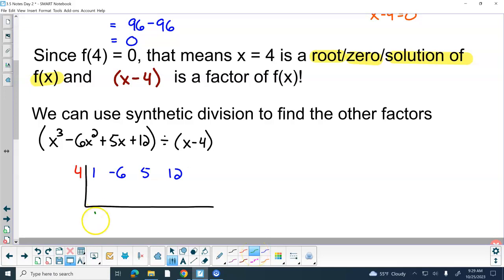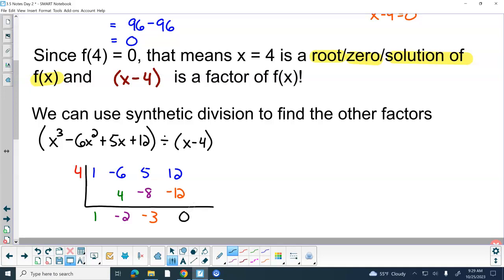Drop it like it's hot. Multiply. Add. Multiply. Add. Multiply. Add. And it should get 0 right there, because we already plugged it in and we said it was 0, right? So we should get 0.